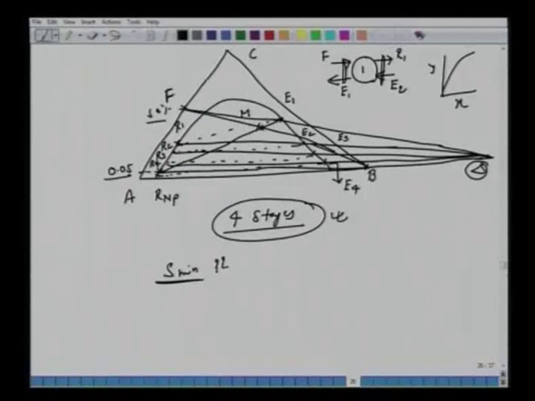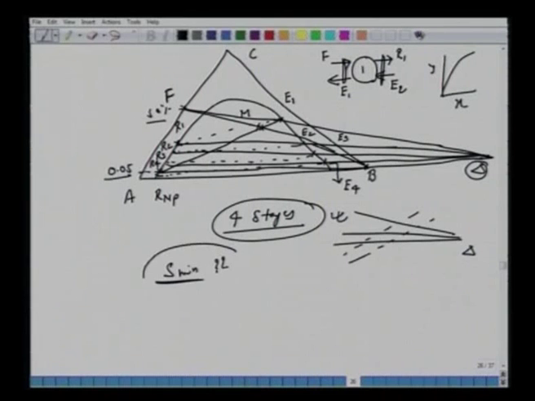Tie lines are downward slope like this. And luckily delta point is here. Operating line goes like this. So there is no way these operating lines are going to coincide with these tie lines. So the question of minimum amount of solvent or the risk of any tie line coinciding with this operating line does not arise.